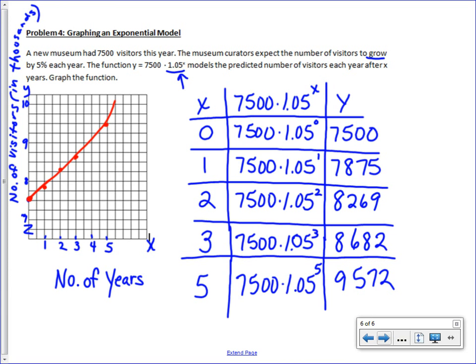It's kind of hard to see here, and I'm not sure I've got some of my points exactly in the proper space. So be careful with your graphing, and we'll do some more problems similar to this in your exercises. If you have any questions, please do not hesitate to ask.